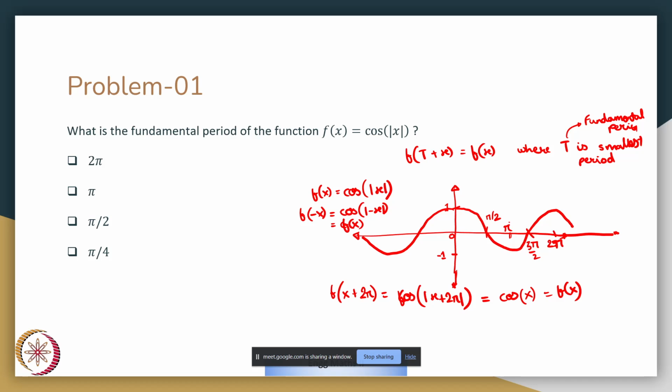From this graphical diagram, we can see intuitively that f of x equal to cos of mod x is nothing but cos of x itself, which is why the fundamental period ends up being 2 pi.